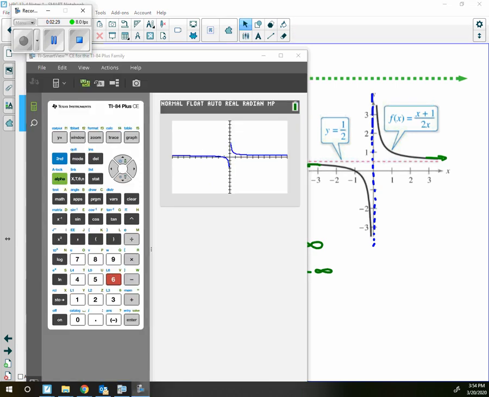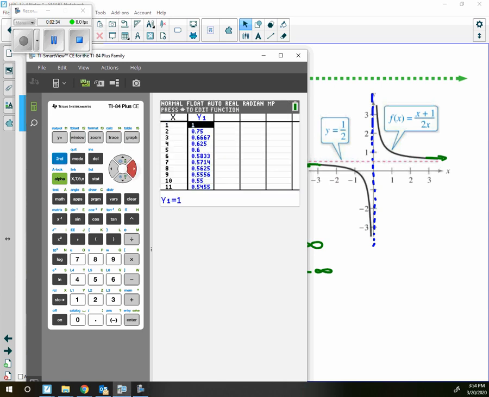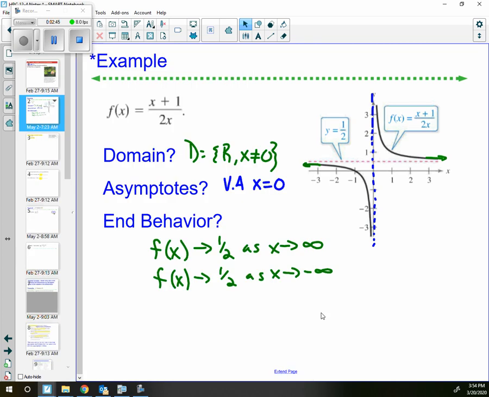Sometimes it's easier to go out in your table and trace to see as we get bigger and bigger values. As x approaches infinity, it looks like it's getting closer and closer to 0.5, and you can do the same in the other direction. It's nice to have that validation. So we would say, oh yeah, there's a horizontal asymptote at y equals a half.